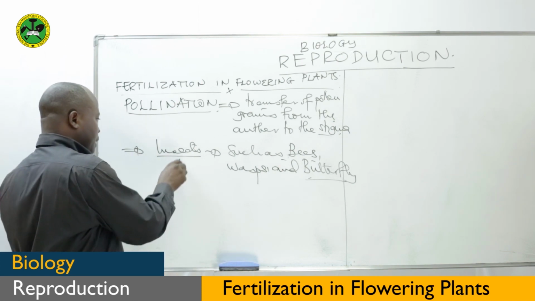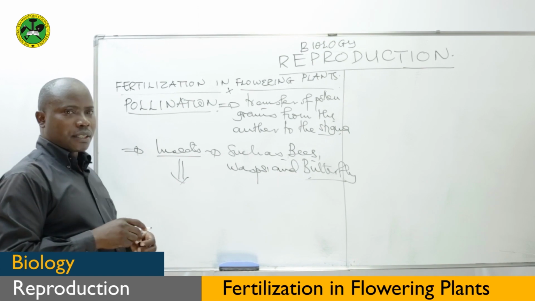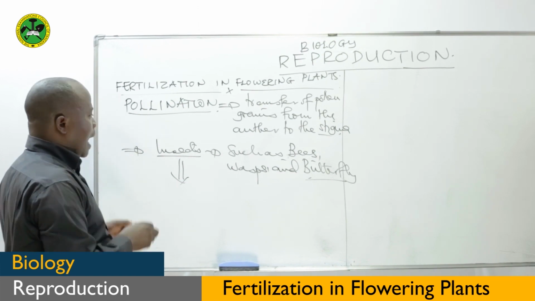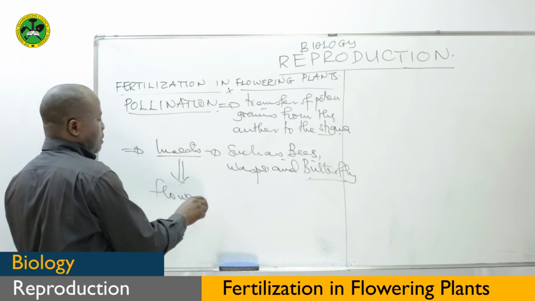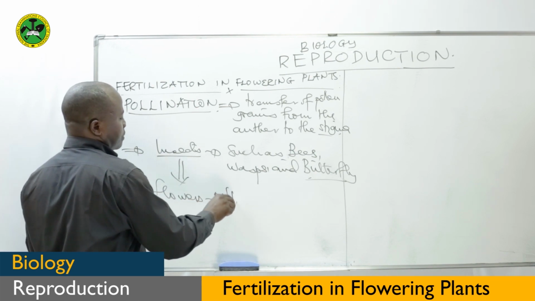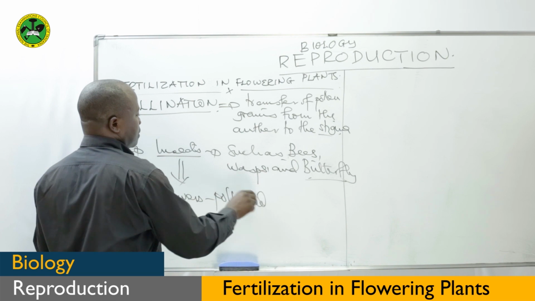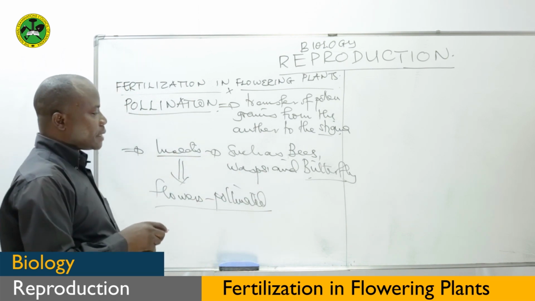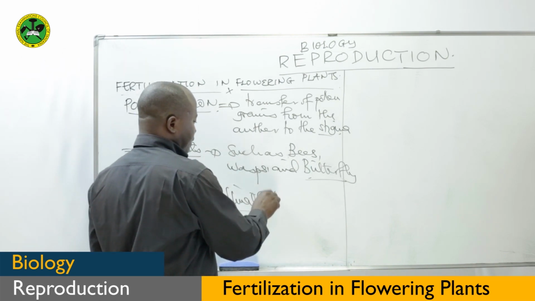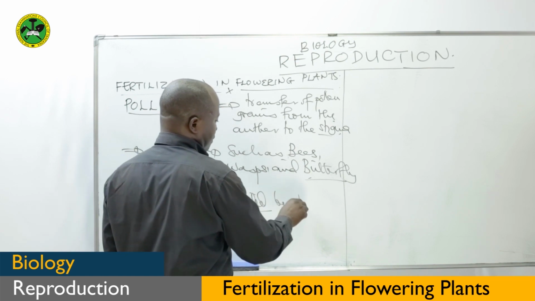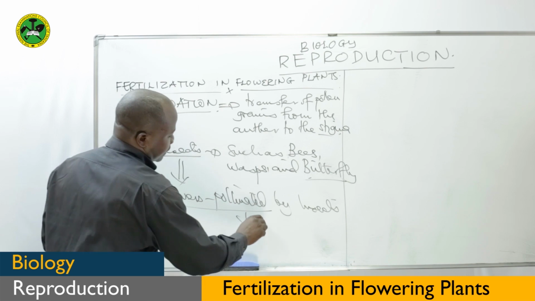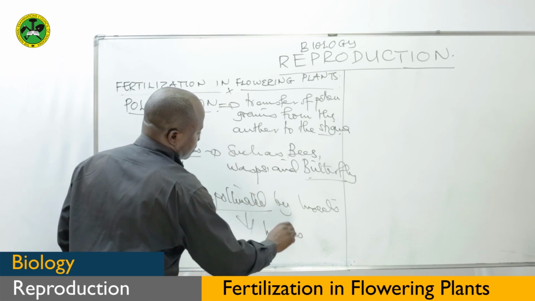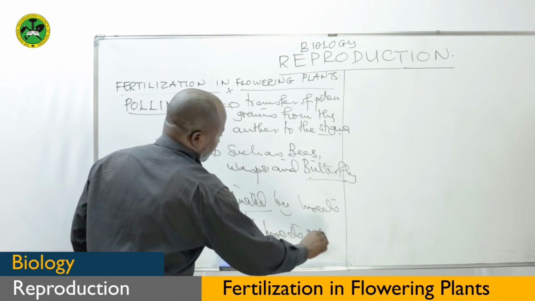They do carry pollen grains from the anther to the stigma, and the flowers pollinated by insects are known as insect pollinated flowers.